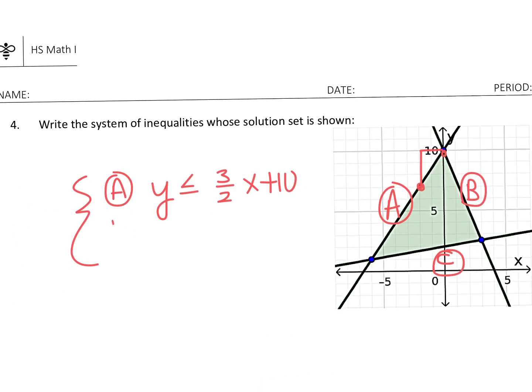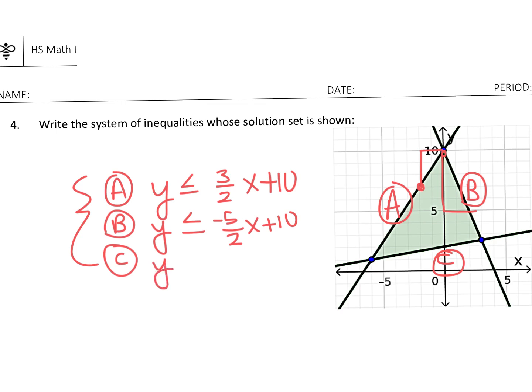For our next one, the y, this one is shaded also below, so a solid line, less than or equal to. Looks like the slope for this one is down 5, right 2, so -5/2 x, and it also crosses at plus 10. For my third one, C, looks like it's shaded above and also solid, so greater than or equal to this time.